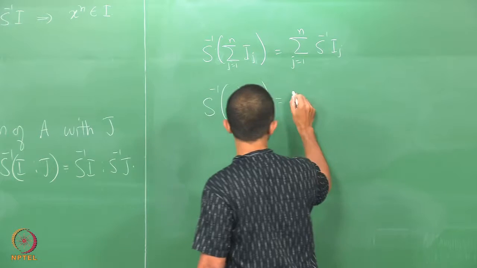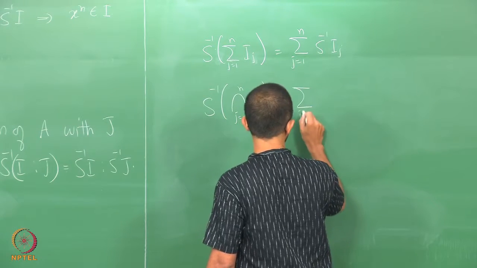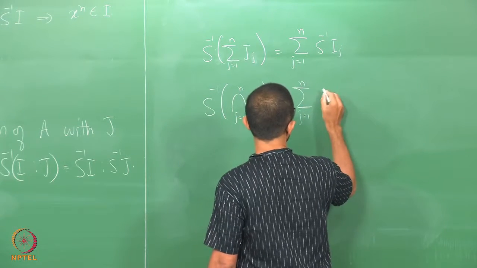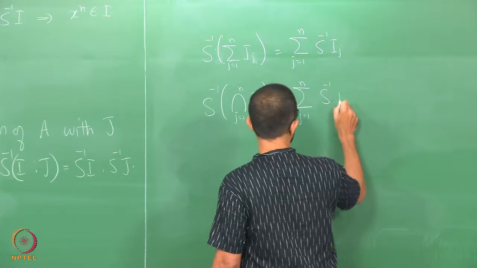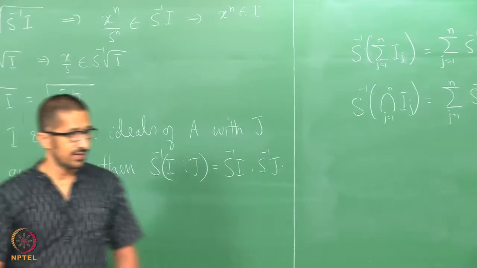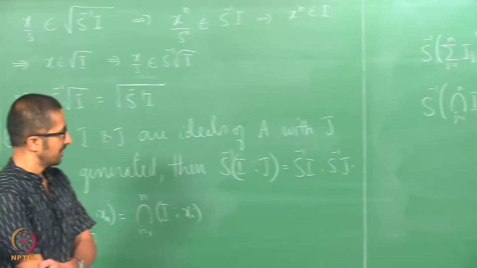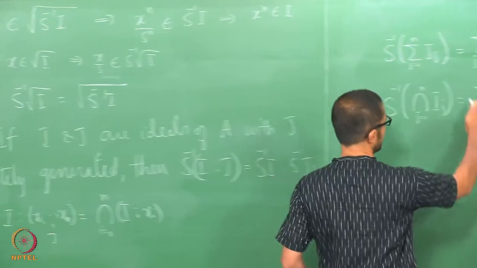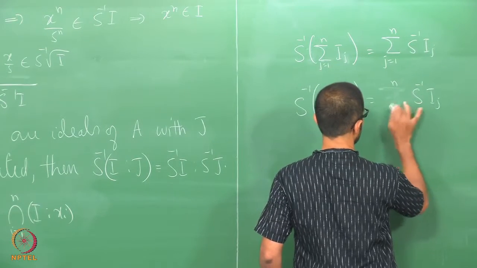And S inverse of the intersection of I j, j from 1 to n, is the same as the intersection of S inverse of I j. Sorry, I am sorry, this is intersection.